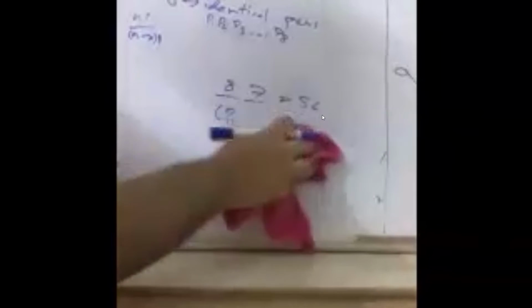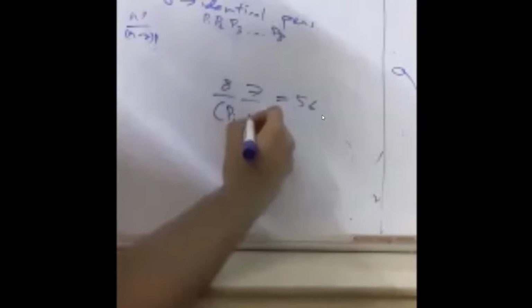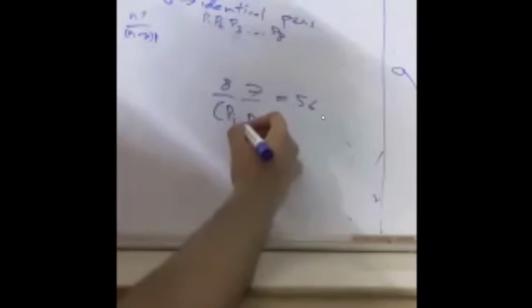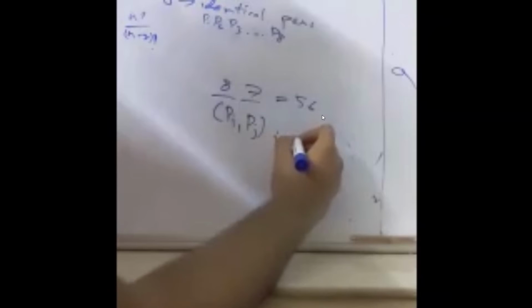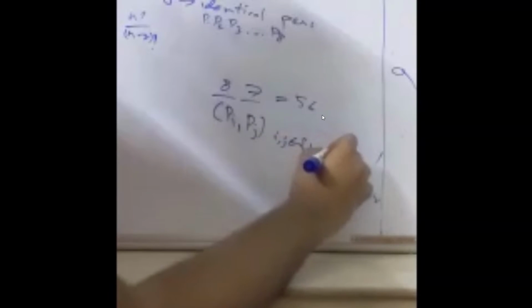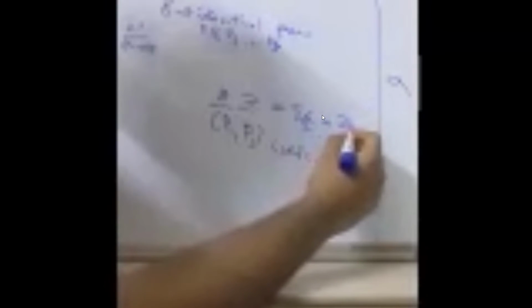So in general, we are choosing Pi, Pj, where i, j belong to 1 to 8 and i is not equal to j. So we are choosing each of these elements twice. So we need to divide this by 2, and the answer is yes, 28.